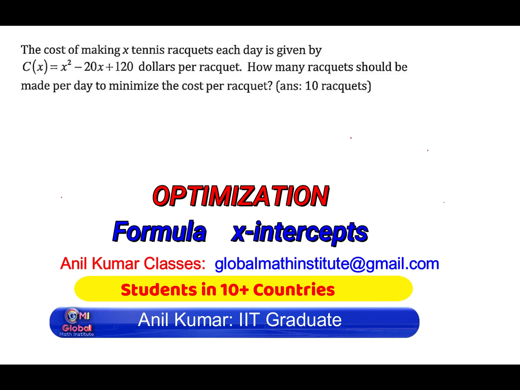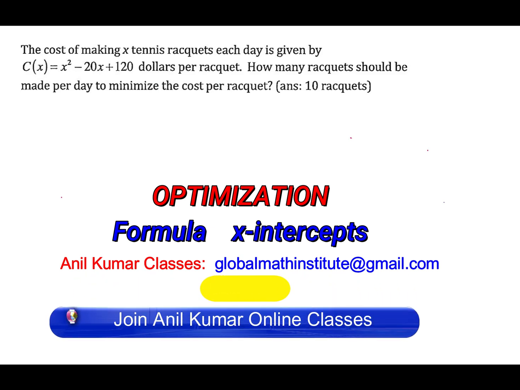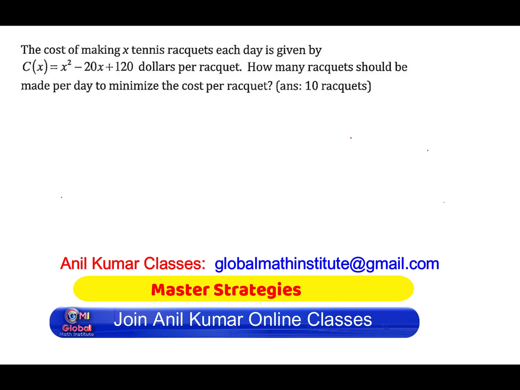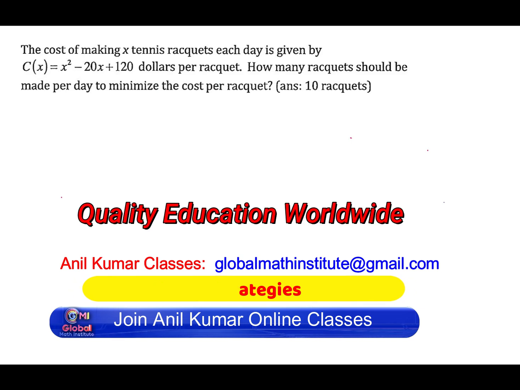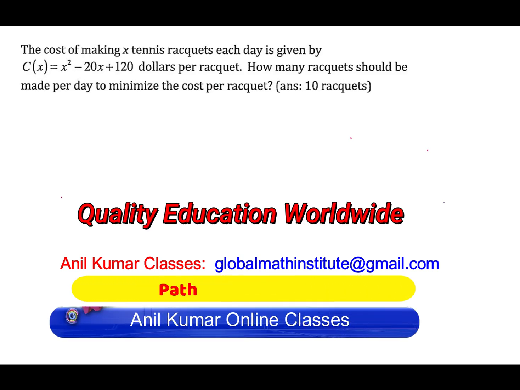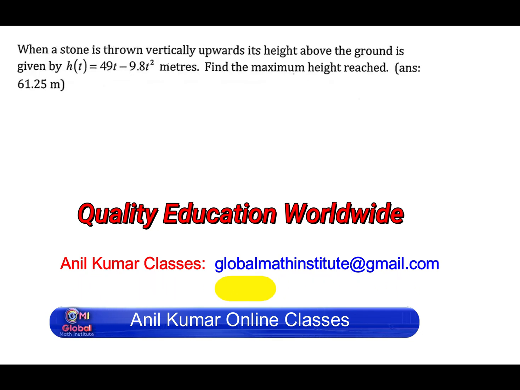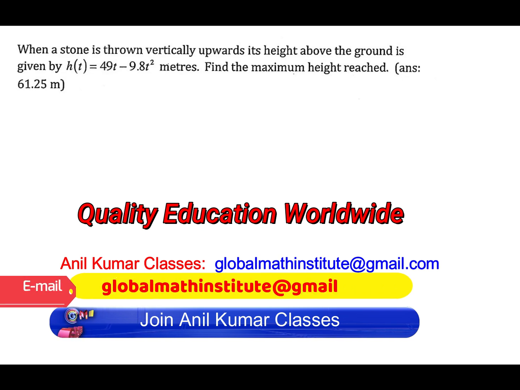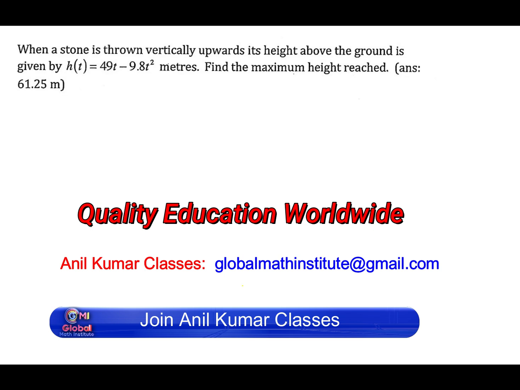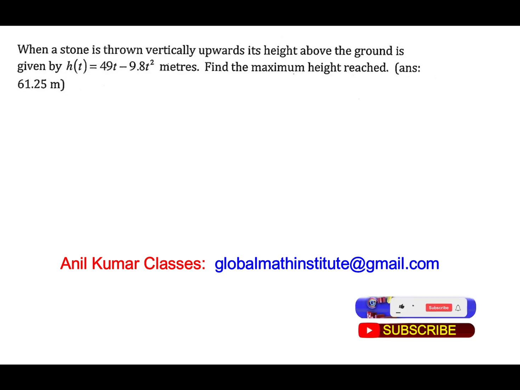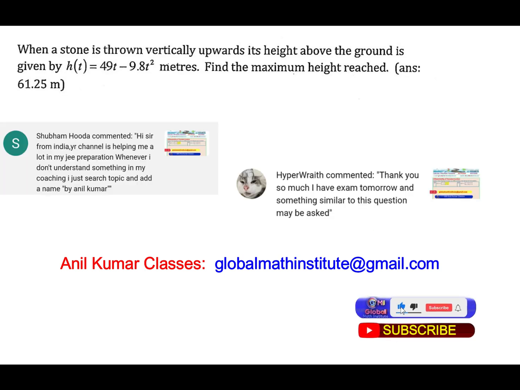So here is the very first question, which is based on reducing the cost or finding the minimum cost for the number of rackets. And the second one here is to find the maximum height reached when a stone is thrown upwards. So these two questions will be solved.